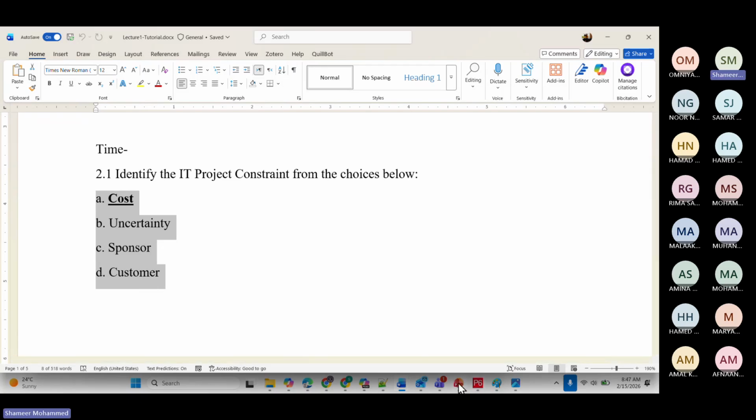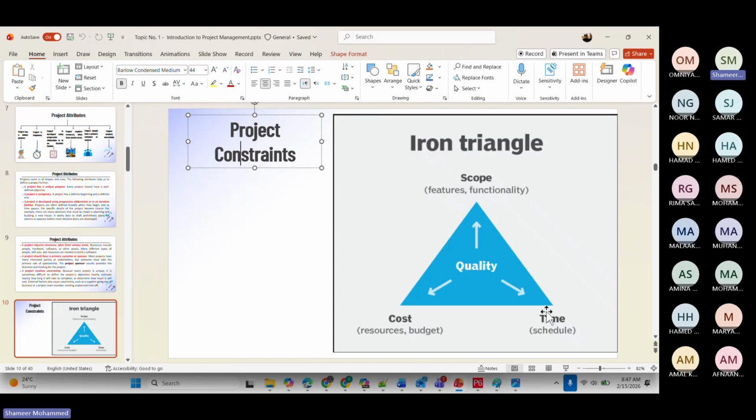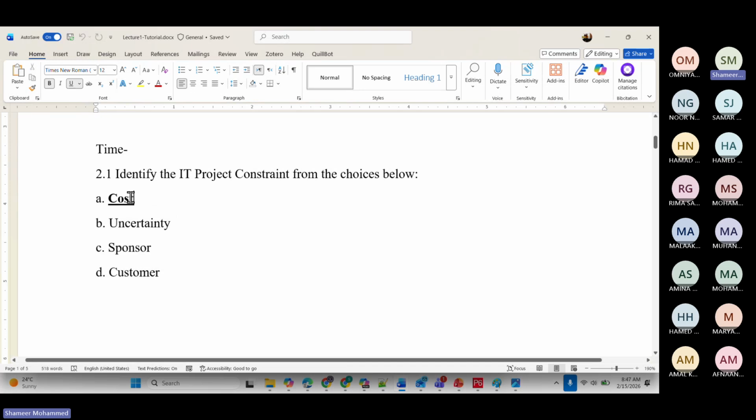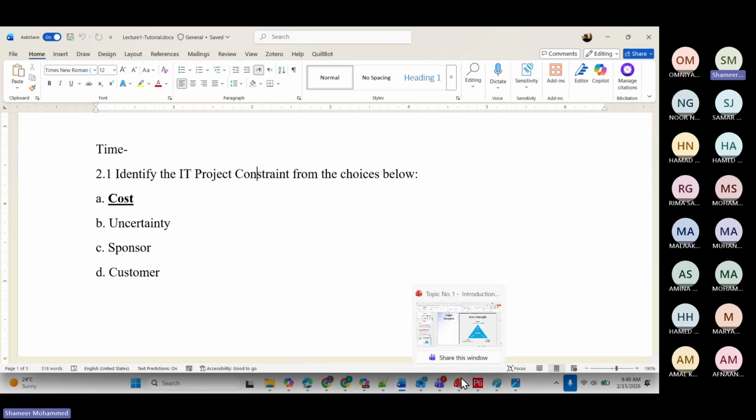So from this, you can see scope, time, cost. Which one is matching here? Number first one is matching. So this is not the scope. This is not the time. These are not the constraints. These are attributes. Understand? So such type of question you will get in the exam.